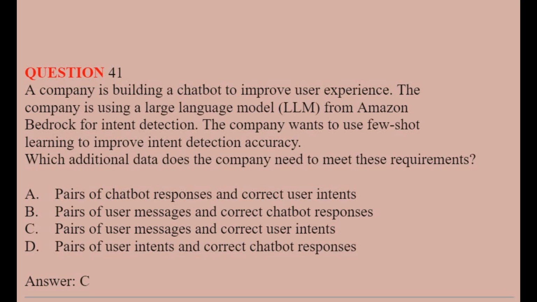Option A. Pairs of chatbot responses and correct user intents. Option B. Pairs of user messages and correct chatbot responses. Option C. Pairs of user messages and correct user intents. Option D. Pairs of user intents and correct chatbot responses. Correct answer is option C.